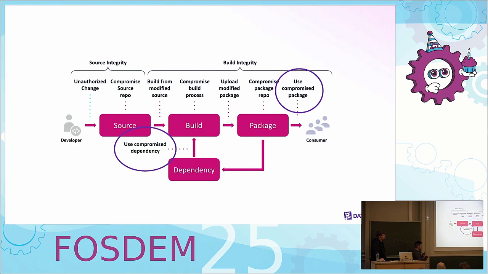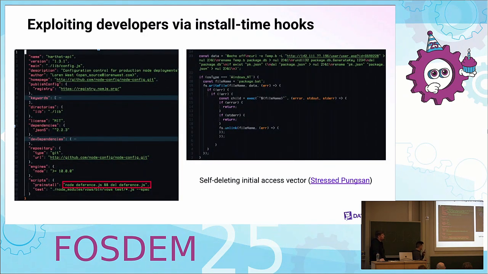So if you look again at the architecture diagram that was shown before, this attack goes through the use of a compromised dependency and compromised package parts. And here we can see an example of how this self-deleting initial access vector was used by the threat actor Stressfunction. Again, in Datadog we name the known threat actors. In this occasion, the name goes after the dog breed of the country the threat actor represents.